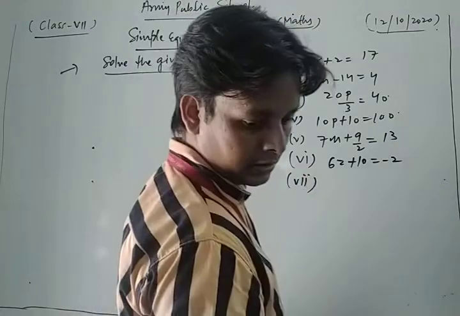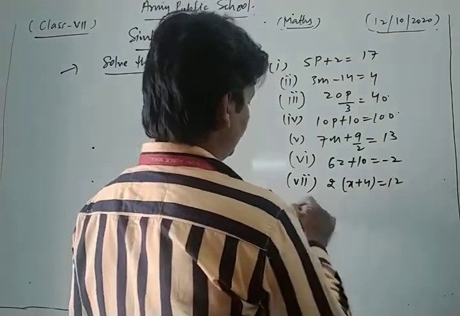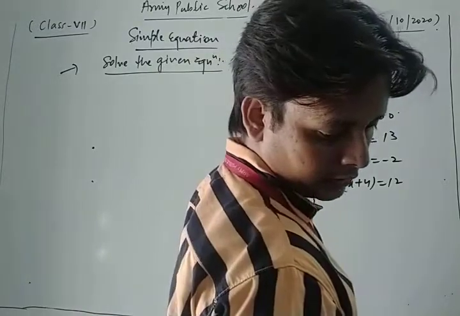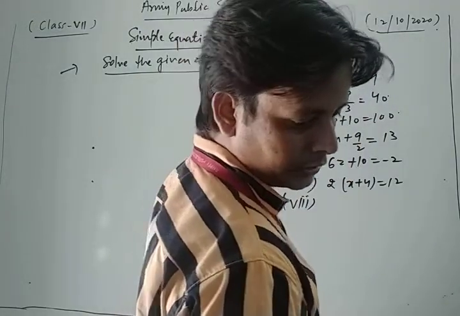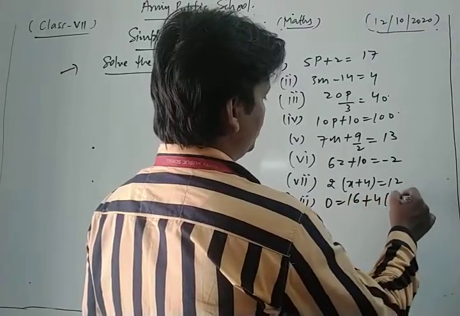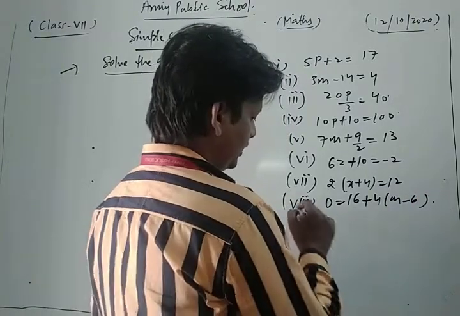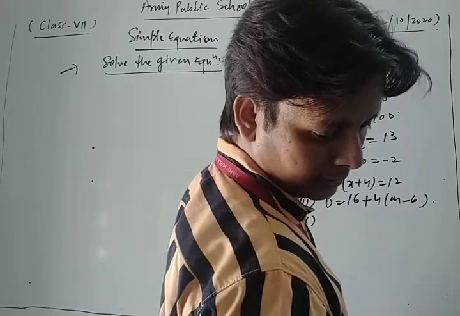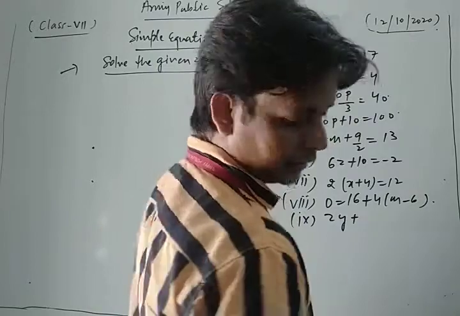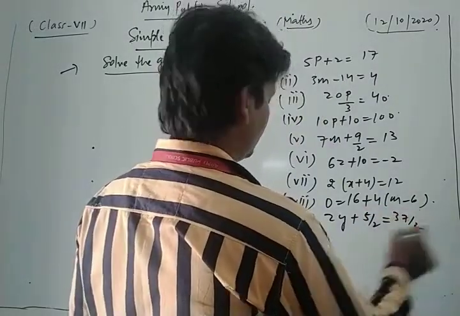Seventh one is 2 into x plus 4 is equal to 12. Eighth is 0 is equal to 16 plus 4 into m minus 6. Ninth part is 2y plus 5 by 2 is equal to 37 upon 2.